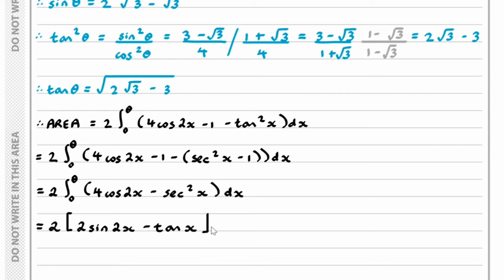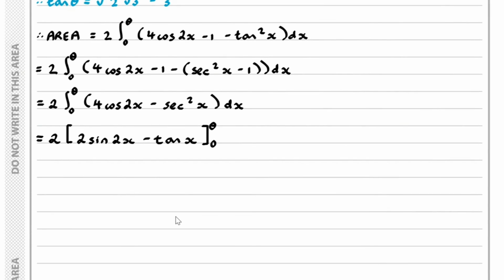So I need to evaluate this between 0 and theta. Now, before I substitute in theta, I can use a known identity for sine 2x.